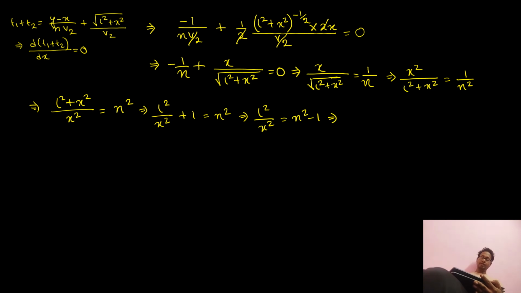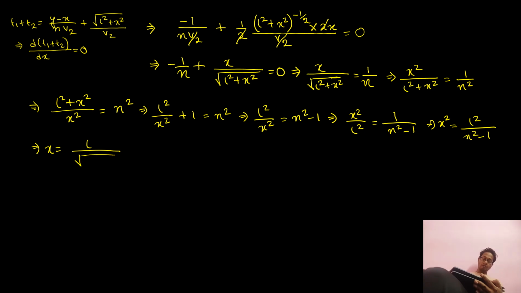Or x square by L square is equal to 1 by n square minus 1, or x square is equal to L square by n square minus 1, or x is equal to L by under root of n square minus 1. So the value of x should be this value.